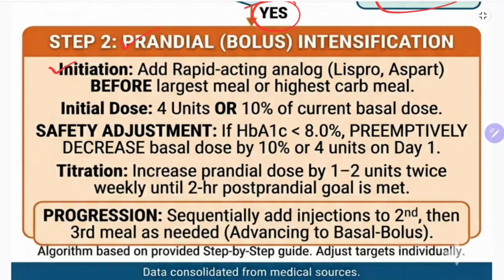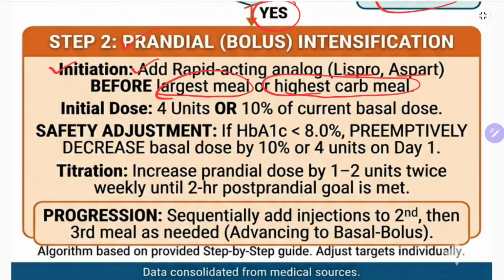So how do you initiate? Add a rapid acting analog like lispro or aspart, ideally, or you can use a short acting insulin like regular insulin before the largest meal, the highest carbohydrate meal. Some patients eat more in the morning, some at lunch, some in the evening.